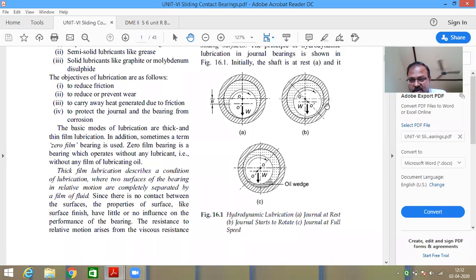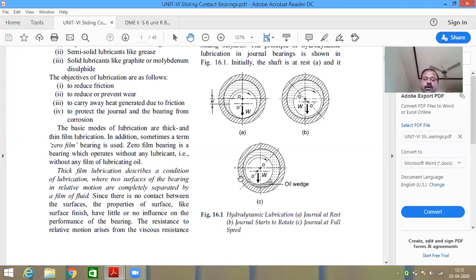When the journal starts rotating, some gap will be formed between the surfaces of the journal and the bearing, and the liquid lubricant will flow in that gap. The gap will be filled by the liquid lubricant in that oil wedge, and metal to metal contact will be avoided.